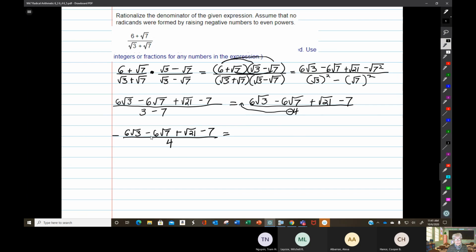In fact, you could skip this step completely, but I wanted to show it to you. This is going to be negative parentheses 6 times the square root of 3 minus 6 times the square root of 7 plus the square root of 21 minus 7 over positive 4.